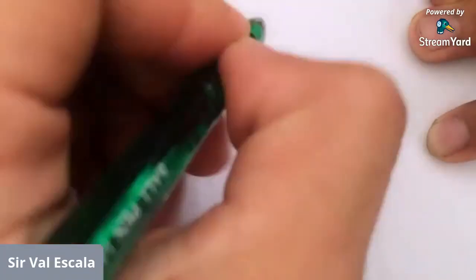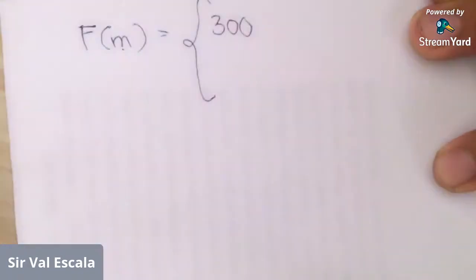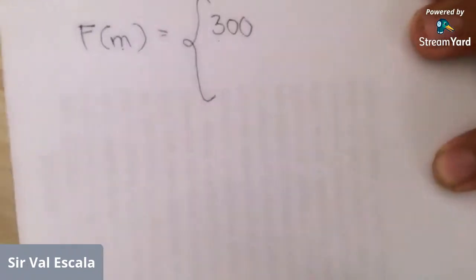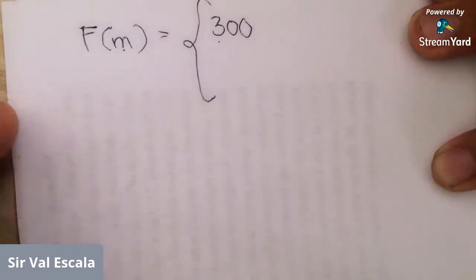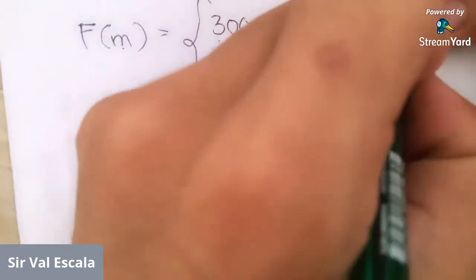So sa unang plan is 300. Kapag daw nagko-consume lang siya ng 300 pesos kapag hindi siya sumusobra sa 100. Or ang maximum niya is 100. So ibig sabihin, ang ating rule dito ay if m is less than or equal to 100.